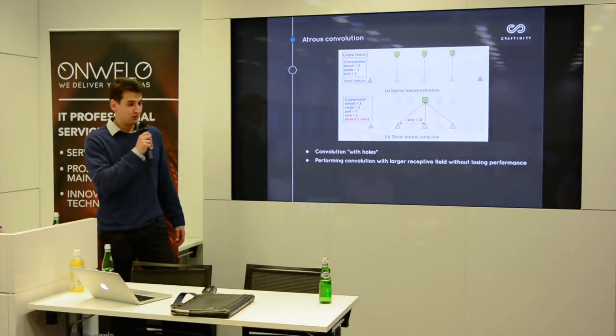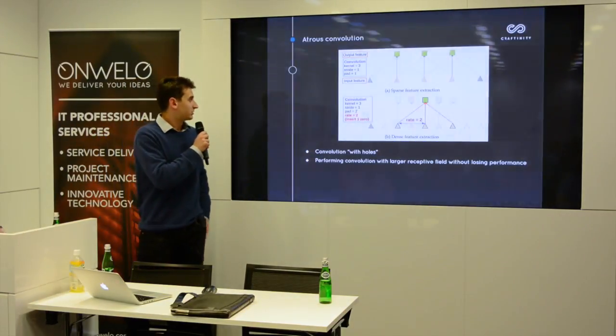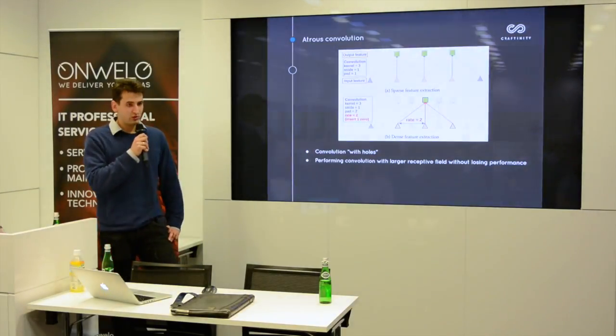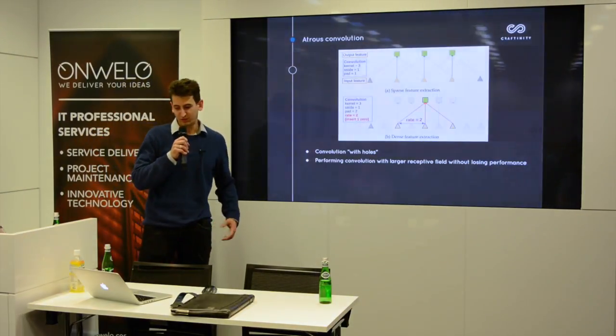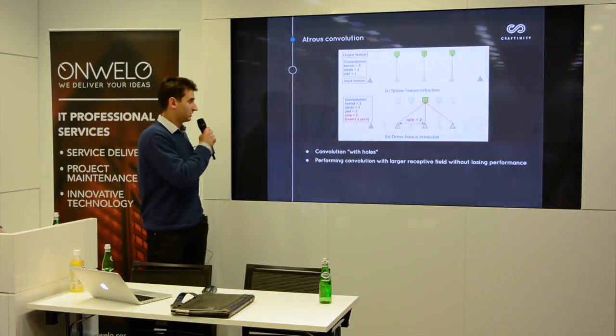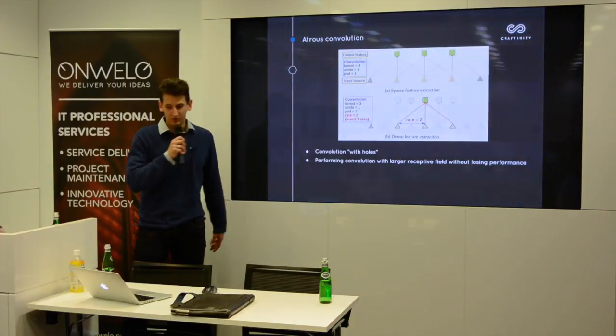And what does it give us? First, there's another parameter which enables us to control the output size of the feature map, the output of this convolution.